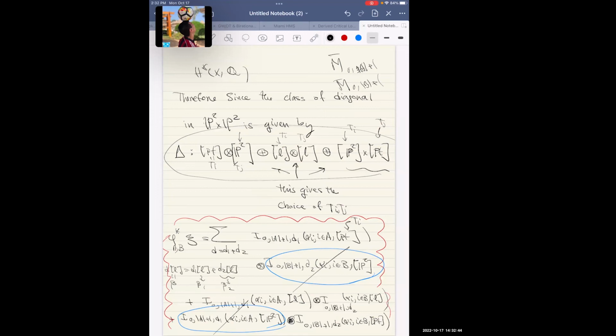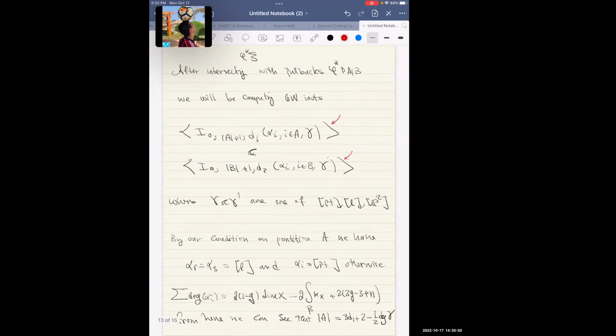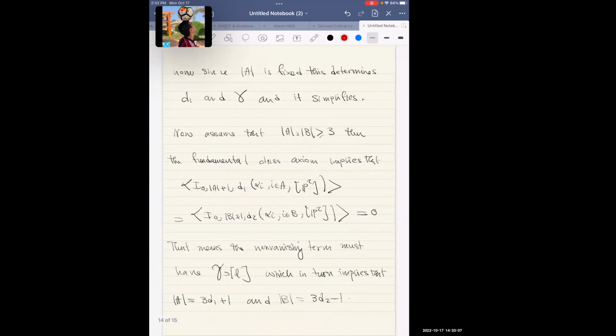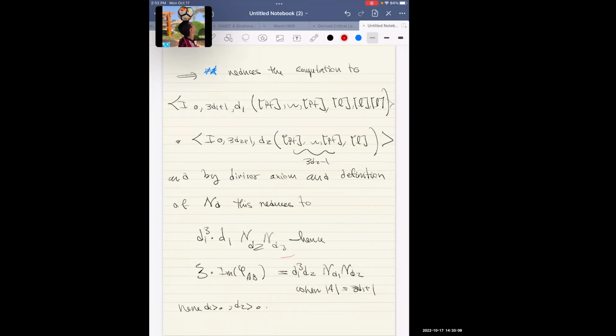So this thing in the middle, right here, is given by that. And we are intersecting this thing against those two divisors, right? And that's it. All right. So as we are doing this, we are doing this calculation. So we know that gamma can only be the point class. We calculated that thing, and we obtained this computation right here.